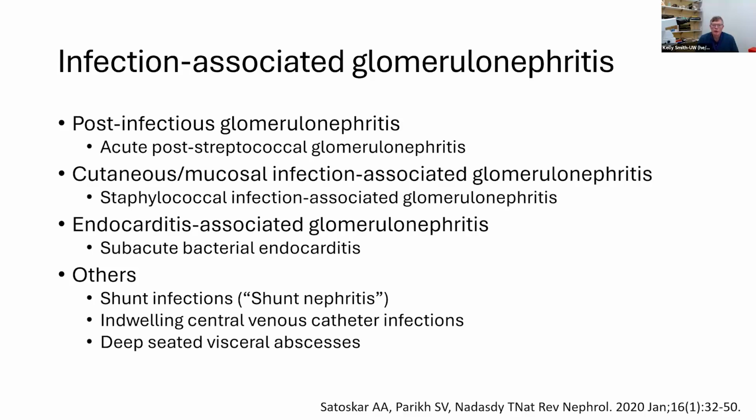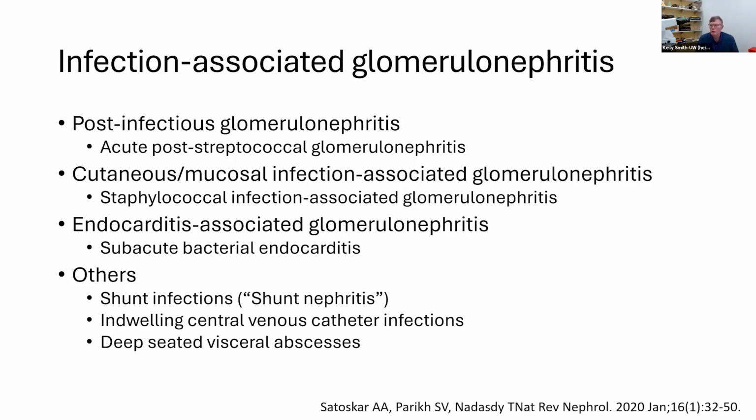Then we had a couple of cases of endocarditis-associated glomerulonephritis that are typically associated with subacute bacterial endocarditis, and the kidney biopsy is oftentimes the diagnostic procedure that leads to the diagnosis of the endocarditis.